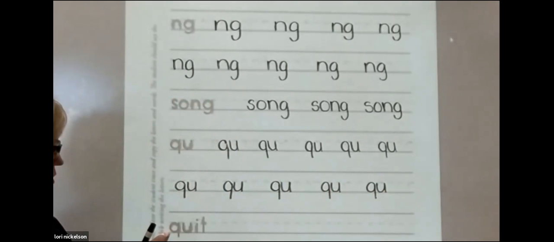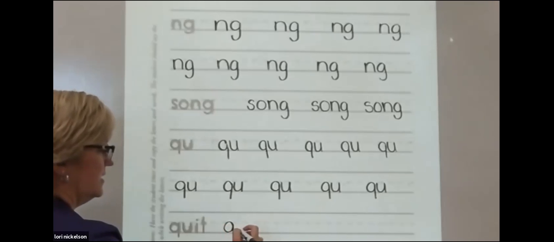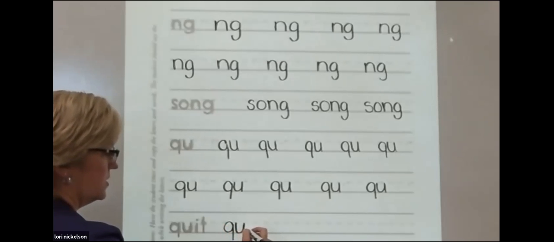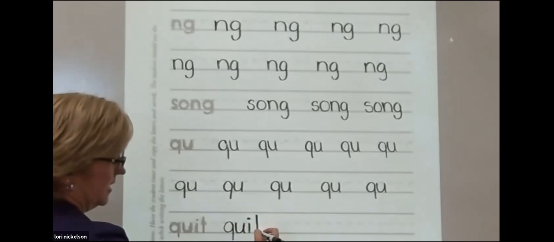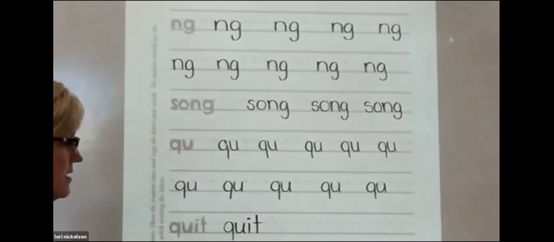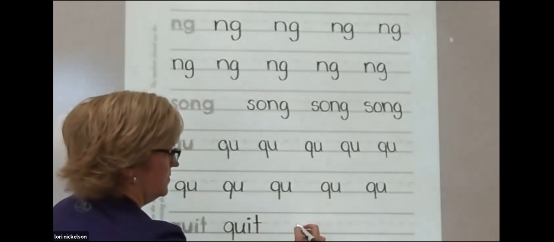The word is quit. Quit. So circle to the left, line down, cup with a short stick with a dot, a line down and cross it to make quit. Let's make it 2 more times.